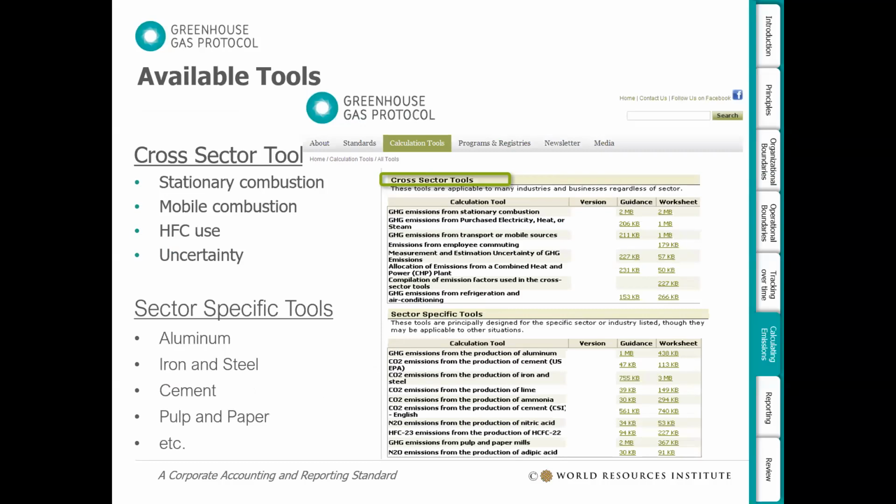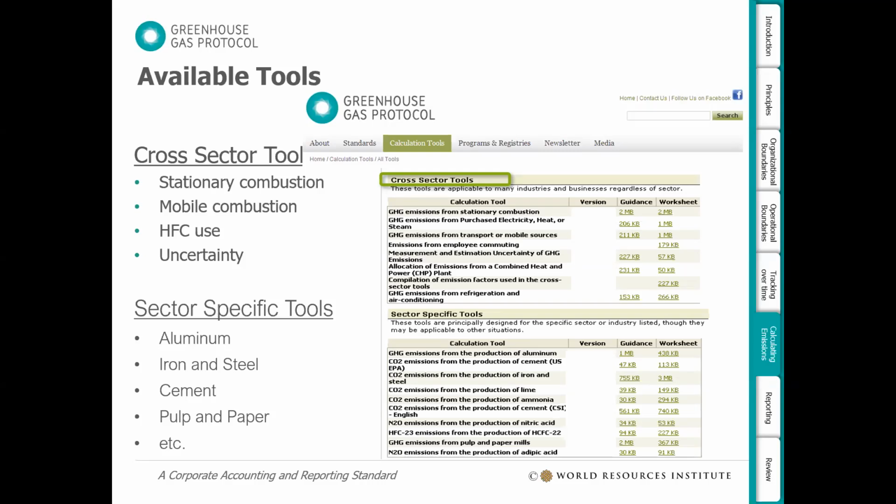Okay. There are two main categories of calculation tools offered by the GHG protocol. We have cross-sector tools that can be applied across sectors, for stationary combustion, mobile combustion, HFC use in refrigeration and air conditioning equipment, and electricity use. And we'll be looking at those tools later on tomorrow in the final inventory exercise.